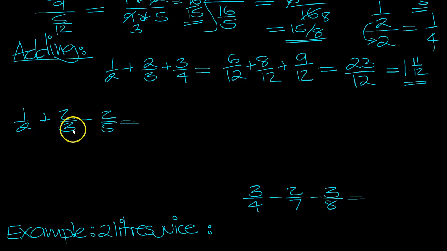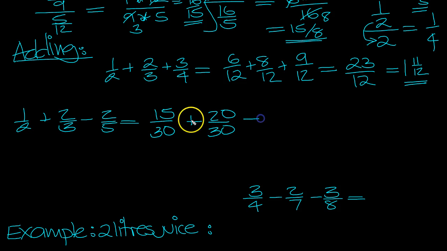Okay, 2, 3 and 5 is 15ths, so that's 15ths would, no, 30ths is the smallest, isn't it? 30ths, so it's 15 top and bottom, 15 30ths, 10 top and bottom, 20 30ths, minus, and this 6 top and bottom is 12 30ths. 15 take 12 is 3, plus 20 is 23 30ths.